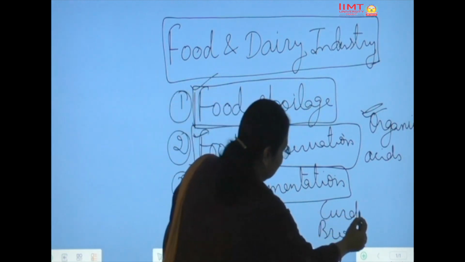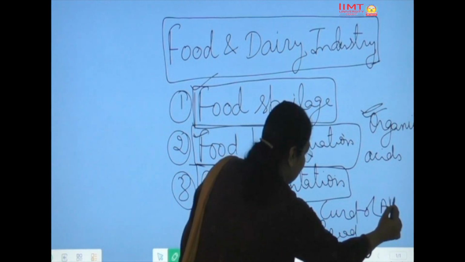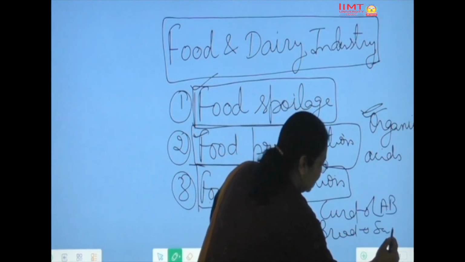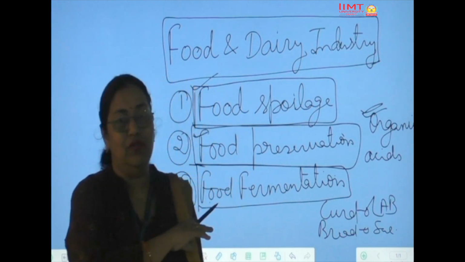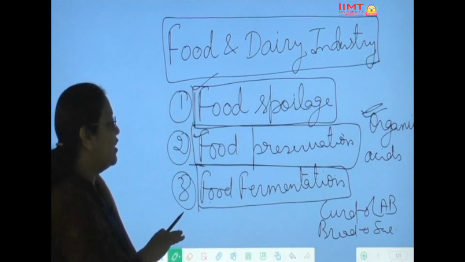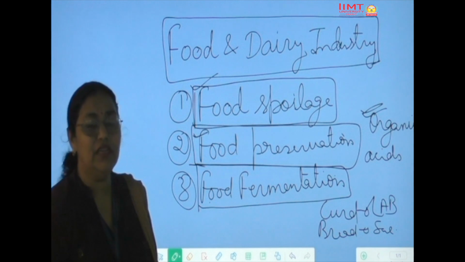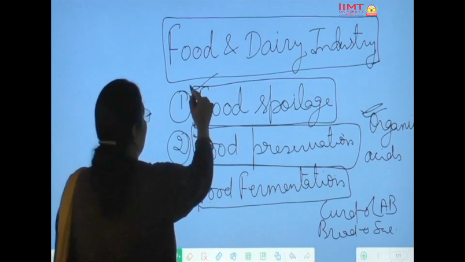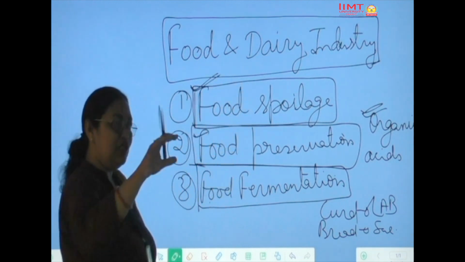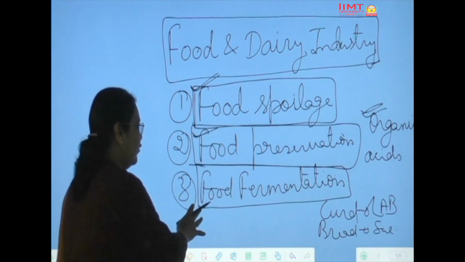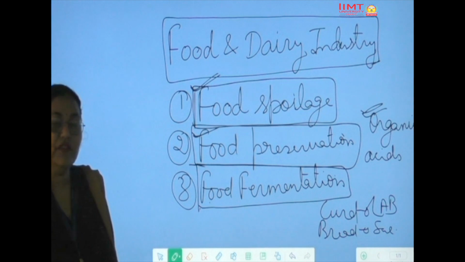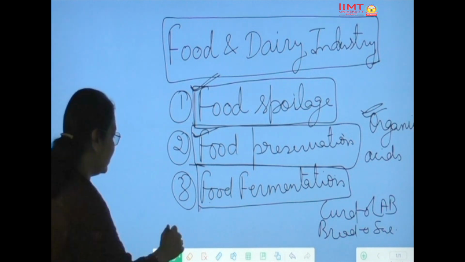For curd, lactic acid bacteria, and for bread, Saccharomyces, baker's yeast, right? So in the food industry, there are various microbes which cause spoilage of food, and they are being used to preserve food, and also for food fermentation to produce certain fermented food products.